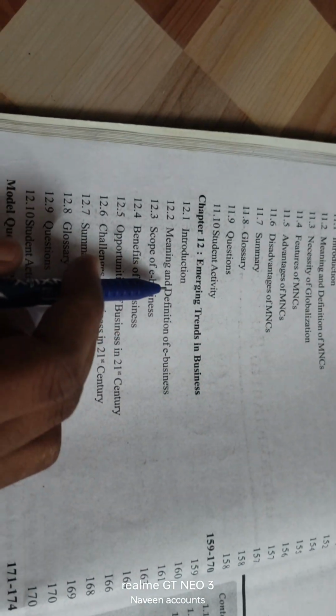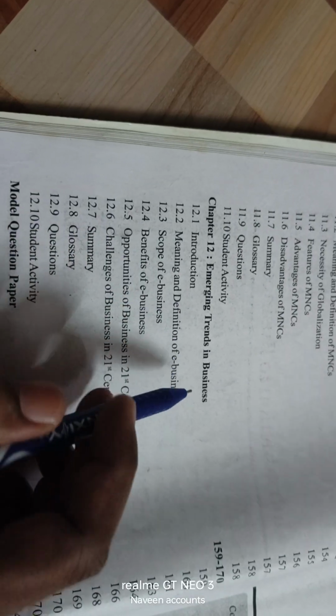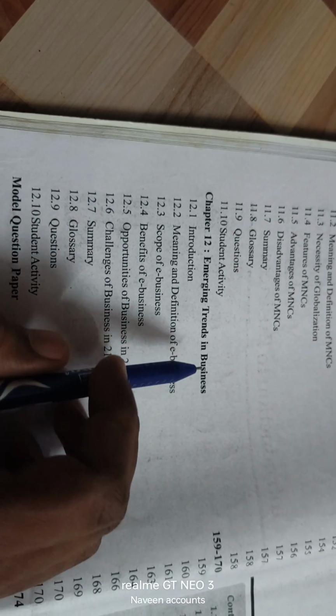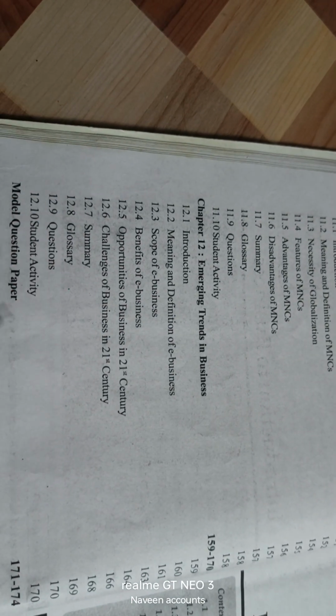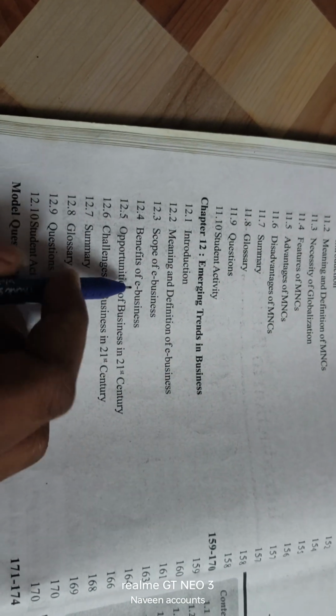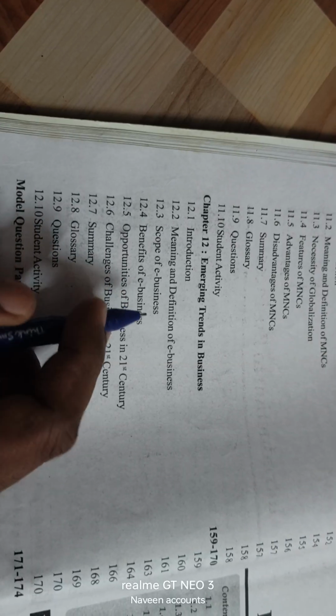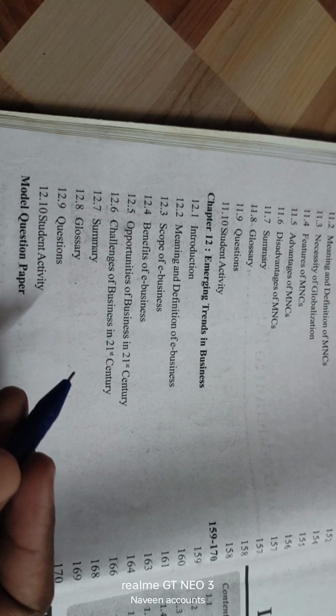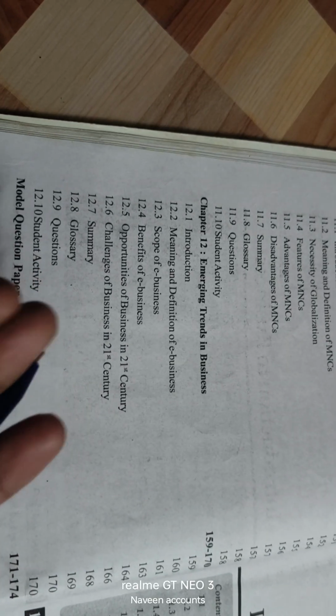And last and final, chapter number 12, emerging trends in business. Emerging trends in business means what changes occur in business. What is the ancient business? What is the modern business? See the example, e-business, electronic business. Right now we buy products from home, from office, because of online business, right?